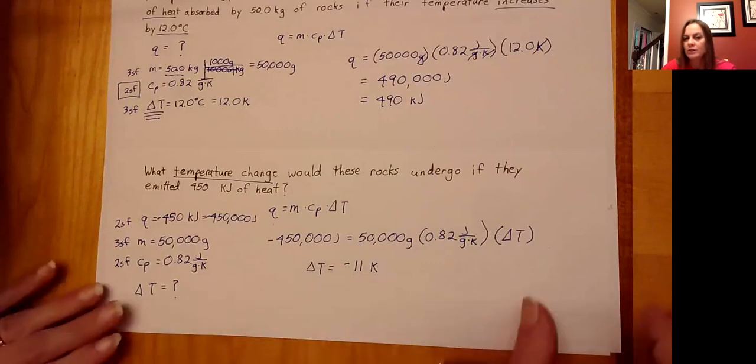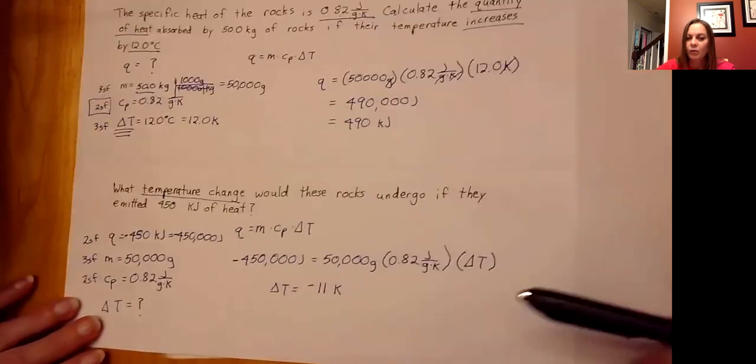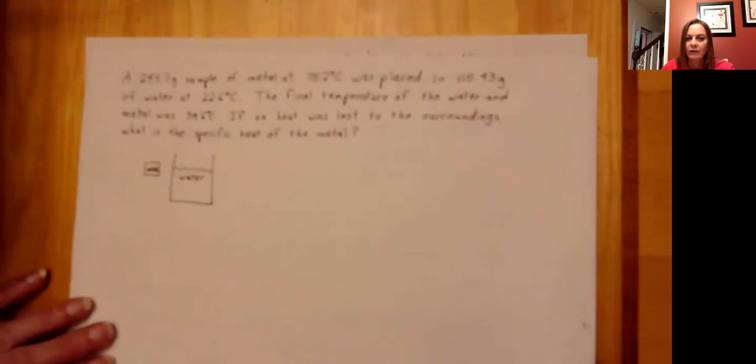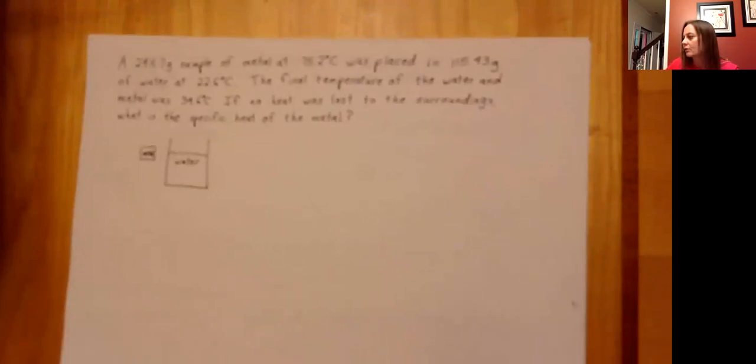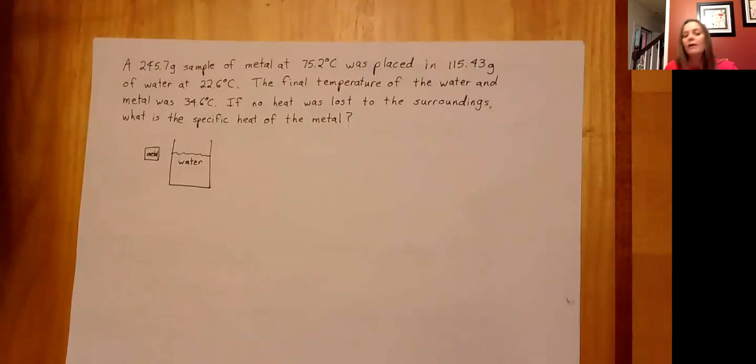Our third question asks us to do a little bit more thinking. So our third question says that we have a sample of metal. Let's see if we can get that to focus in a little bit better. There we go. We have a sample of metal that weighs 245.7 grams, and it's at 75.2 degrees Celsius.